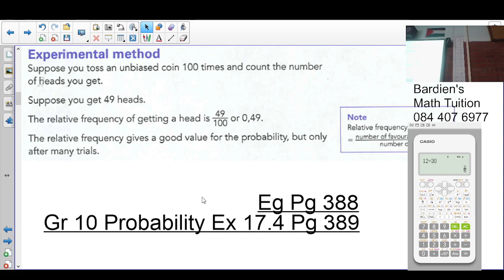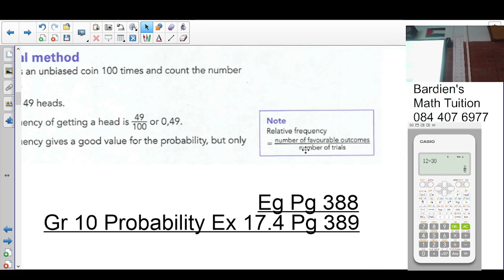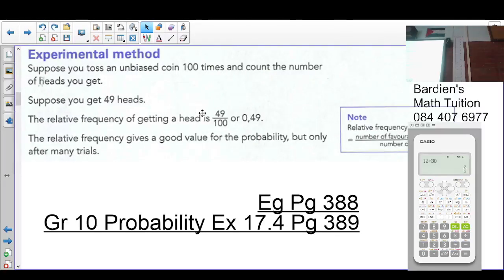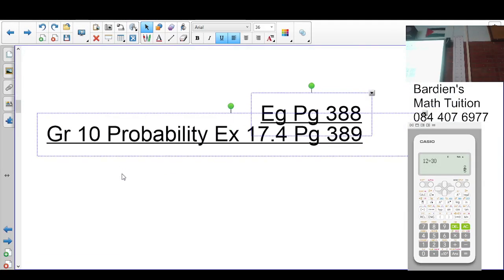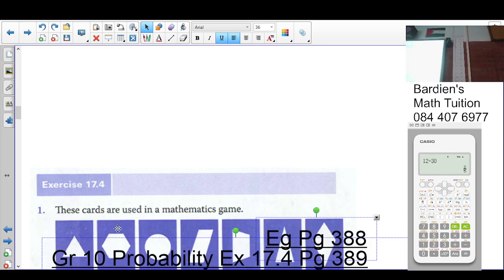Relative frequency gives us a good value for the probability, but only after many trials. So the more trials you do, the closer to theoretical probability you'll come. Relative frequency is equal to the number of favorable outcomes over the number of trials, so it's how many times you're actually tossing the coin or rolling the die.